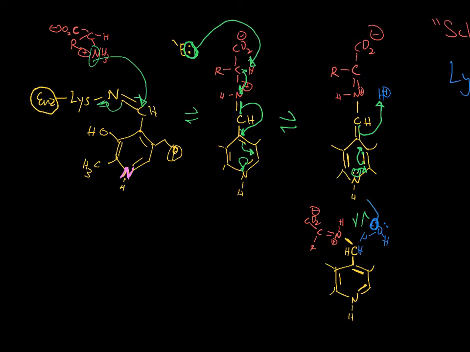Okay, so this is going to come and it will attack that carbon. Oh, whoops, I forgot to change my colors, sorry. I've been trying to do all the electron pushing in green. And one of the bonds of the double bond will break. I'm not skipping any steps.